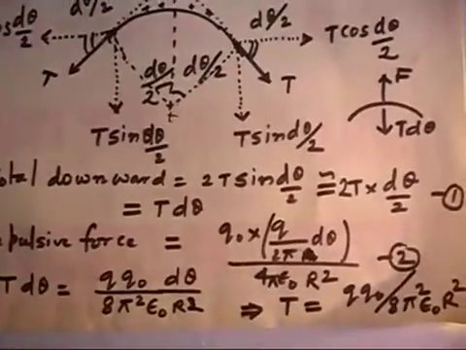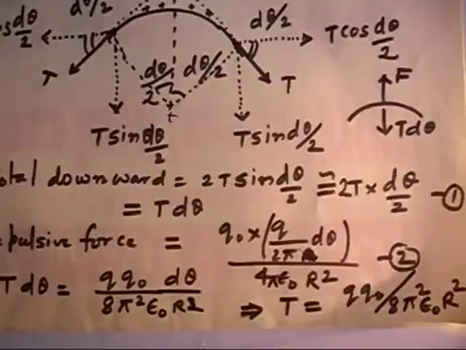Okay, so we finish this problem here. What we have learned is the mechanism of stretching a string and how to find the force in a string. The important point here is to take the elemental part of a ring, the d theta part, and consider the forces acting on it.